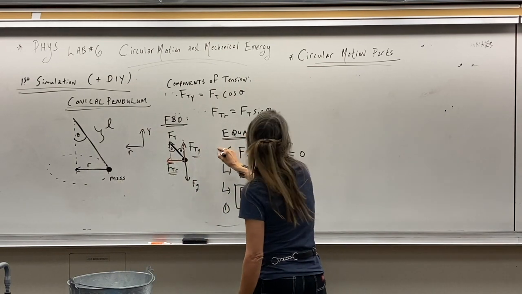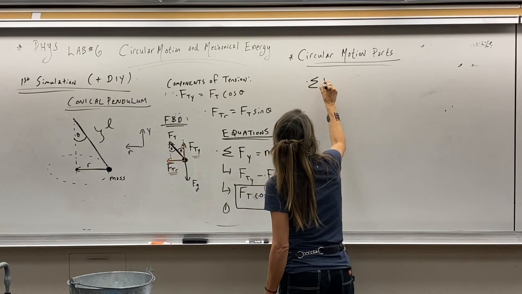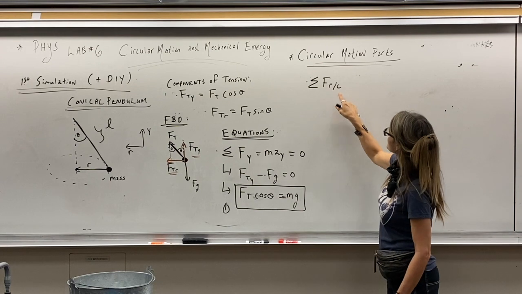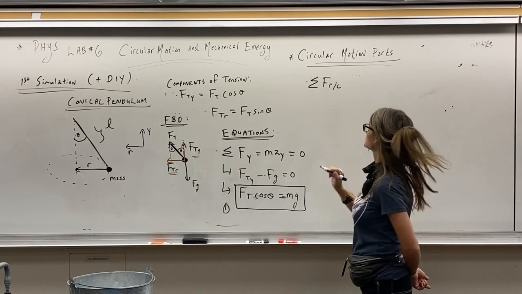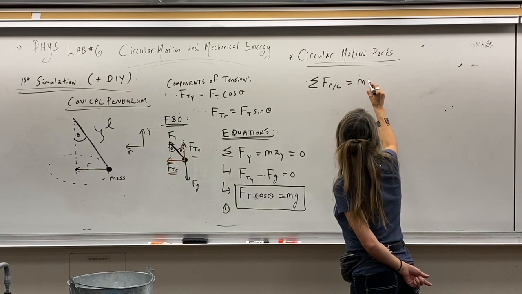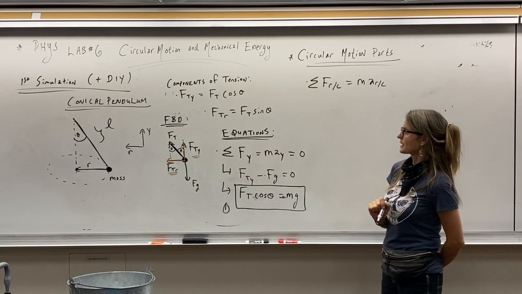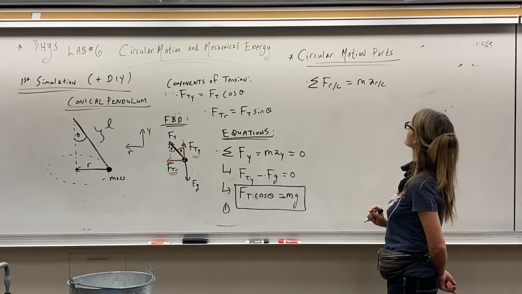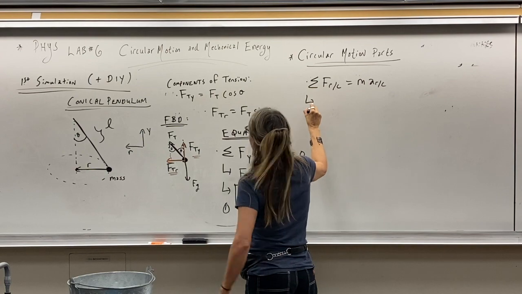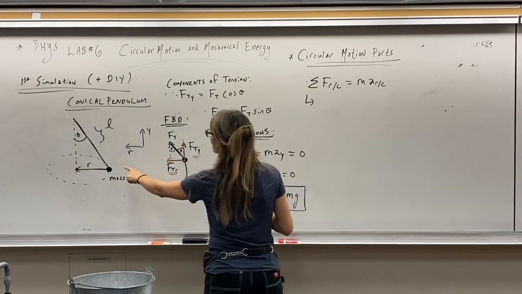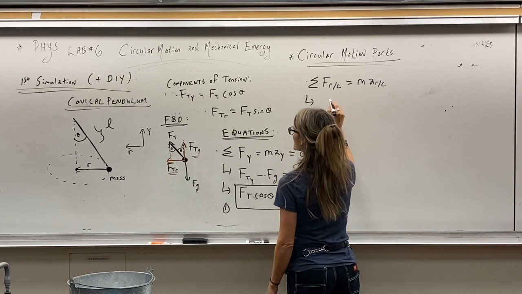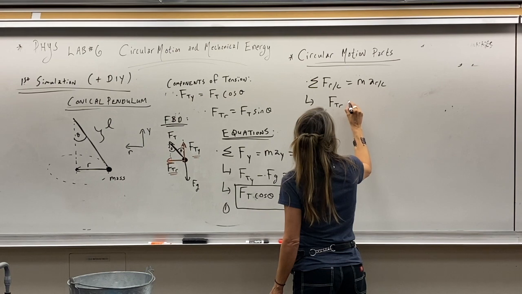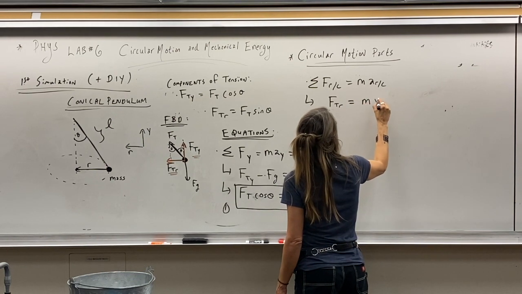Now my next equation will be the sum of all my radial forces or centripetal forces. Sometimes you'll see an R, sometimes you'll see a C, so I'll use those interchangeably, equals mass times radial or centripetal acceleration. And the centripetal acceleration is the v squared over r acceleration. Now what makes that force up, what makes it undergo circular motion, is the radial tension component. So here we have FTR will equal mv squared over r.